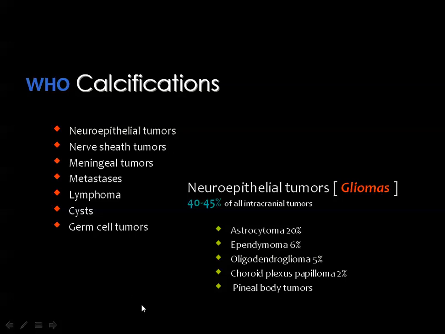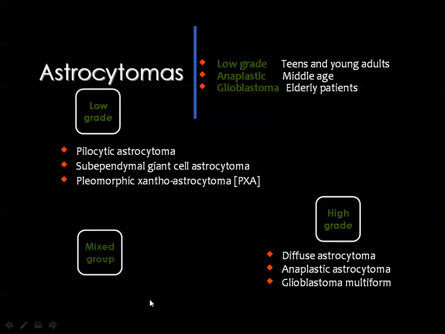In order not to disturb you, and to have a simple approach for these tumors, I will divide them according to the literature into what's known as the low-grade tumors, the high-grade tumors, and a group of mixed lesions.